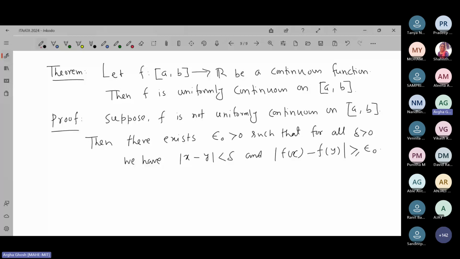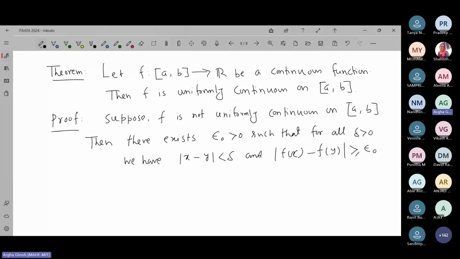So we'll have a pair of elements x and y such that |x - y| is less than delta, but |f(x) - f(y)| is greater than or equal to epsilon naught, whatever delta we have.